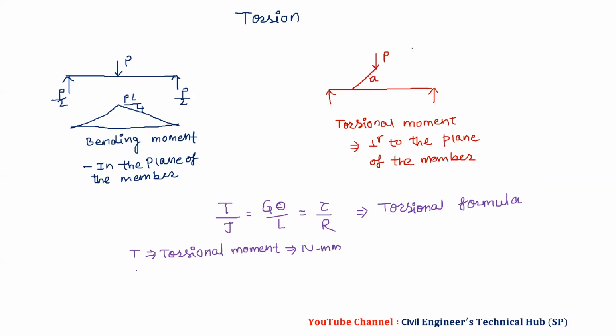Then J is the polar moment of inertia. Unit of this is mm to the power 4.